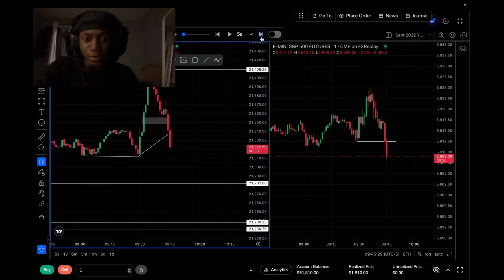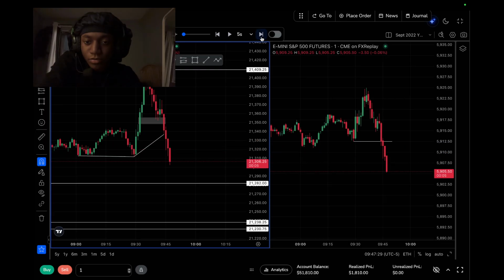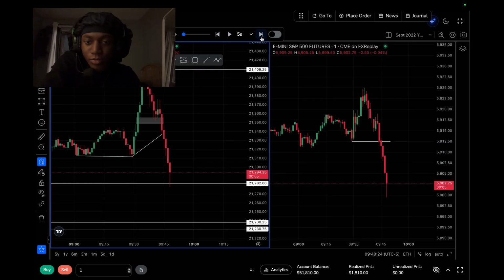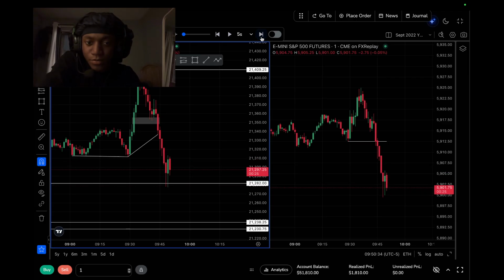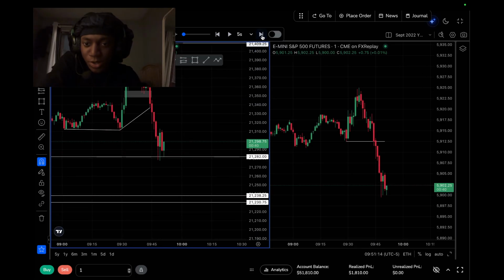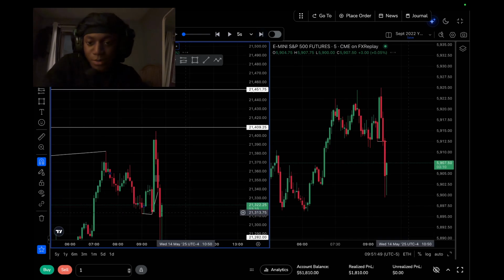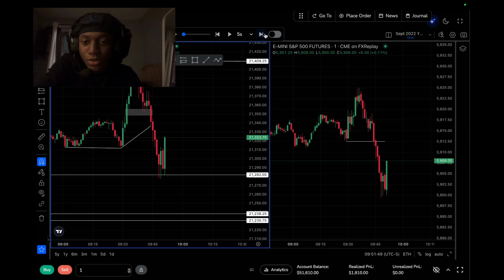Honestly, nah, I'm just going to wait. Still got time to take entries. Okay, if we get some more displacement this next candle, we'll pass these lows maybe, or we get a 5-minute rebalance of some sort. Let's see how we react to these lows.